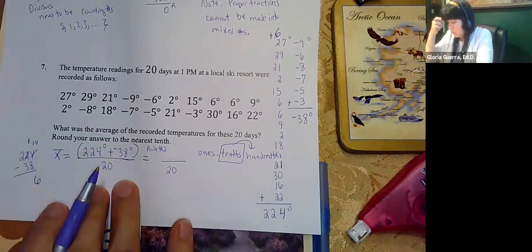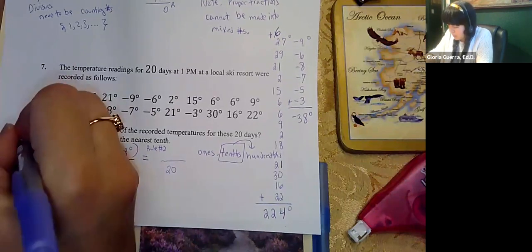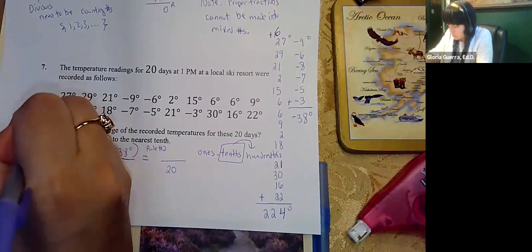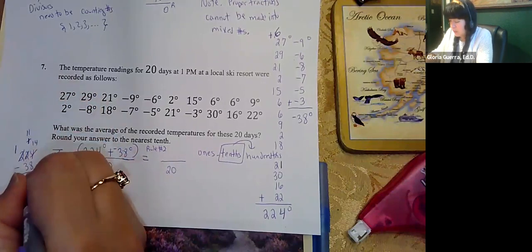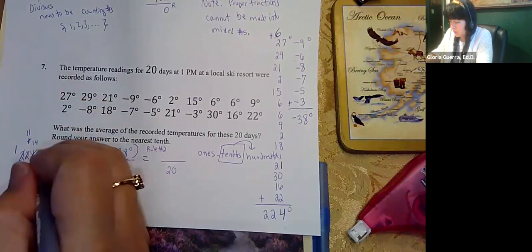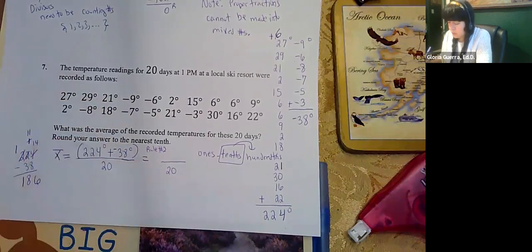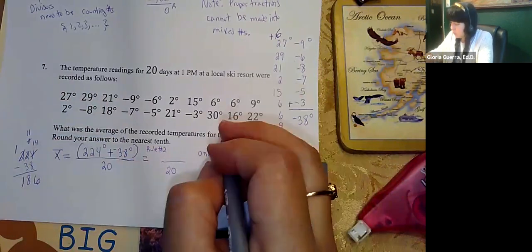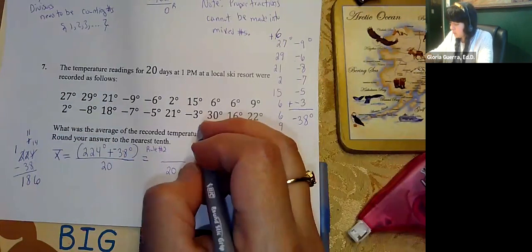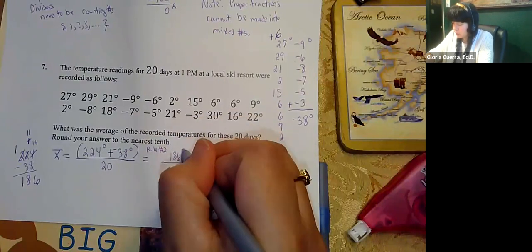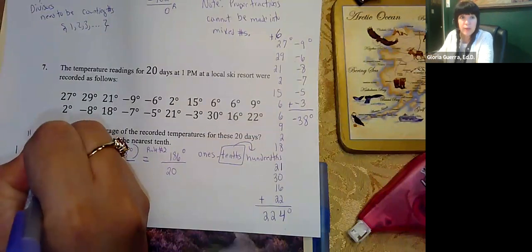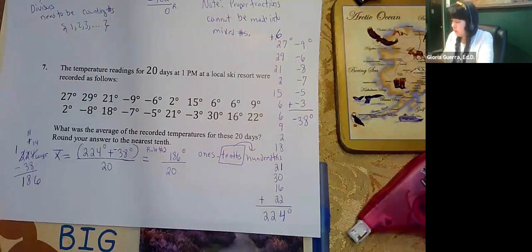And then I can't do 1 take away 3, but I can make it an 11 and then decrease the 2, make it a 1. 11 minus 3, so it looks like it's 8, 9, 10, 11, and then 1. Okay, so it looks like that's going to give you 186. So it's 186 degrees, and it's positive because 224 is bigger. This one was the larger absolute value is positive.